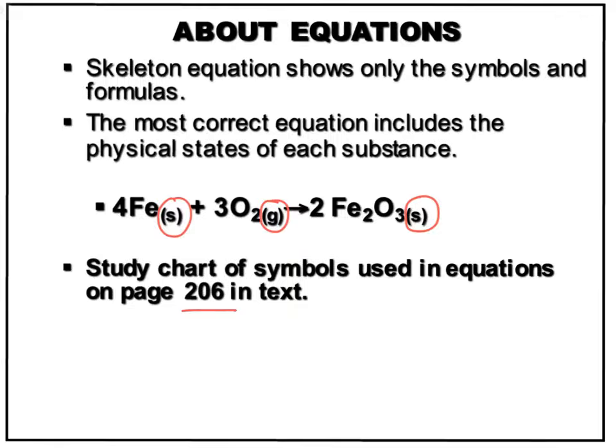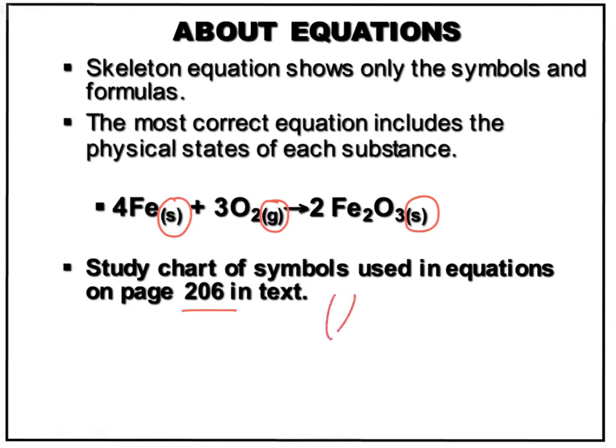What these little symbols represent is the state of matter. So what do you think S represents? Solid. That is correct, solid. A G would stand for gas. And then this is a solid.